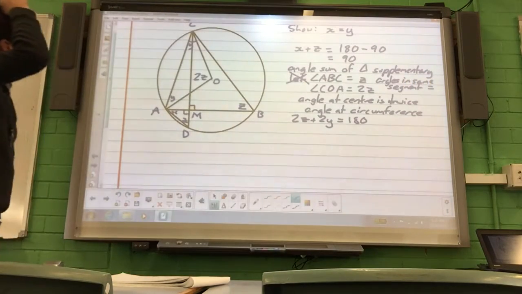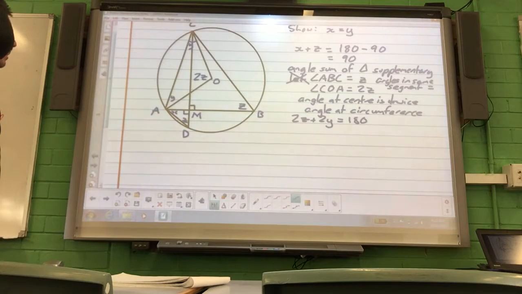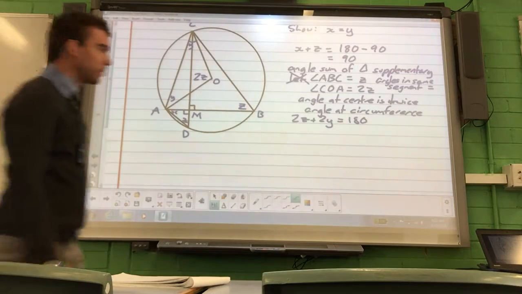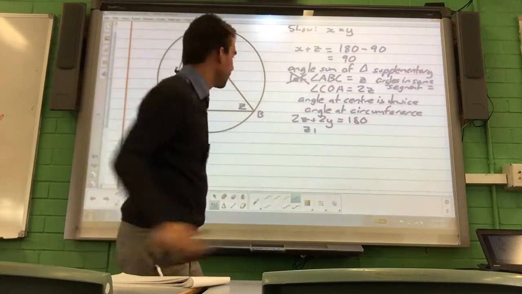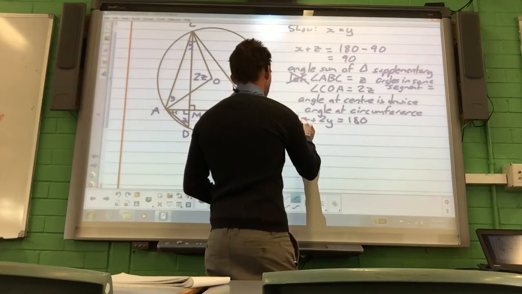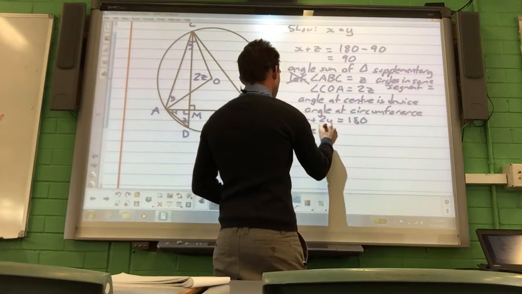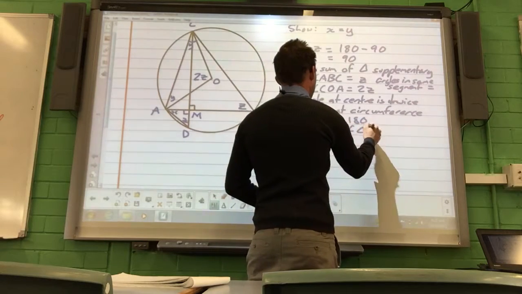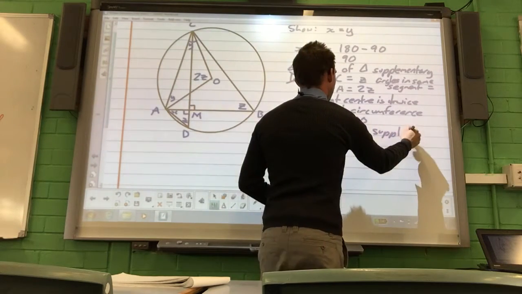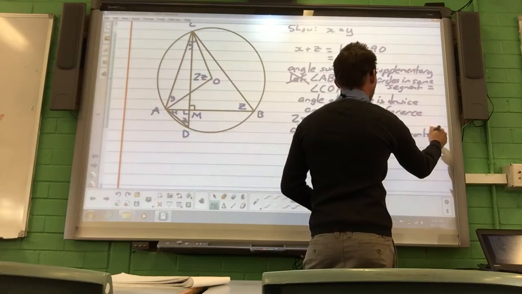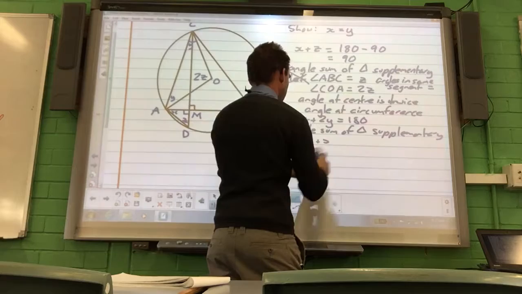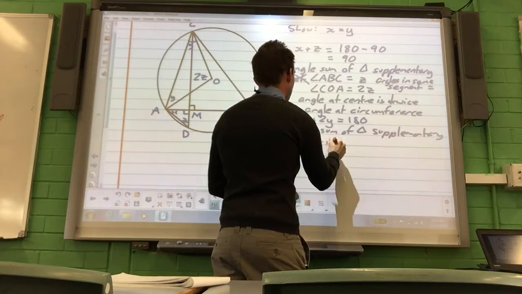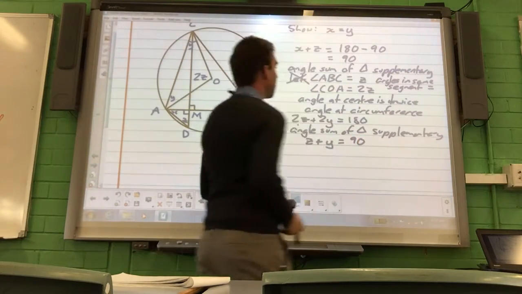So we've got to give the reason for that first. Angle sum of triangle is supplementary. So that will mean Z plus Y is equal to 90.